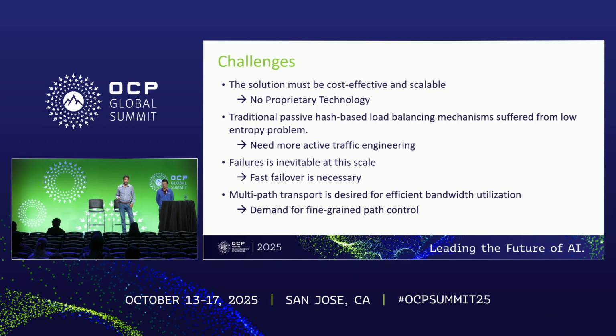Plus, at this scale, the network must detect failures quickly, because failures are bound to happen. And with all these challenges, we don't want to use any proprietary technology. We want something that is open source and has been in the network for some time.